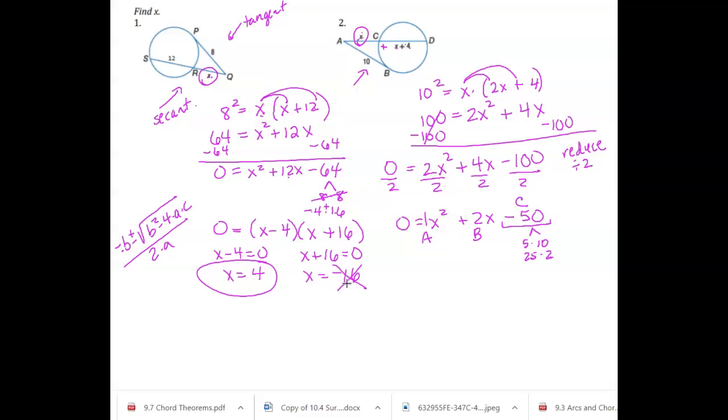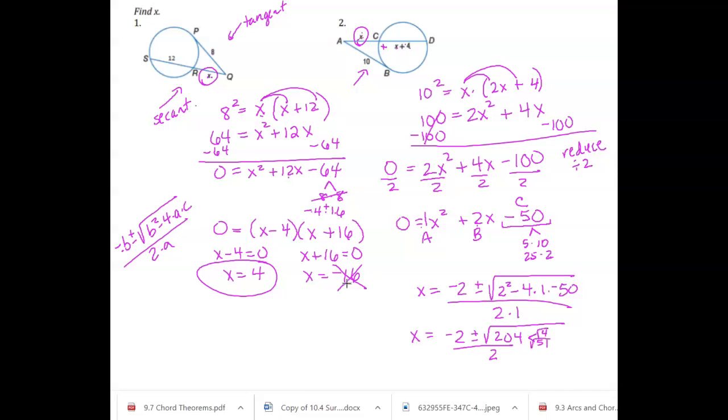So we have the opposite of B. So the opposite would be negative 2, plus or minus the square root of B squared minus 4 times A is 1 times C is negative 50, all over 2 times A. So we're going to type this into a calculator. I get 4 plus 200, so 204 all over 2. And then 204 isn't nice, but we'll break that down. What is that? 4 times 51.